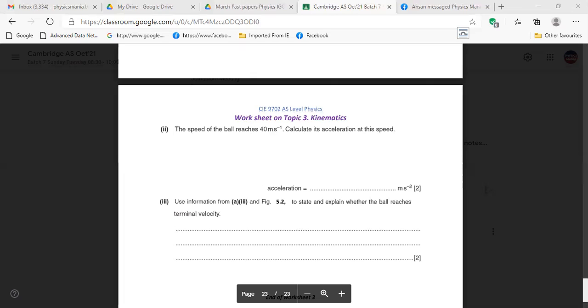So W is equal to force. mg is your weight. So m you know, g you know, then minus resistive force you know 0.6, then equals again m you know, that is 0.27, then a you have to find, right? So a is equal to 2.